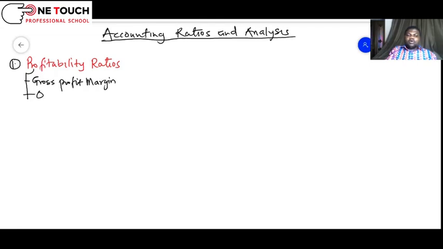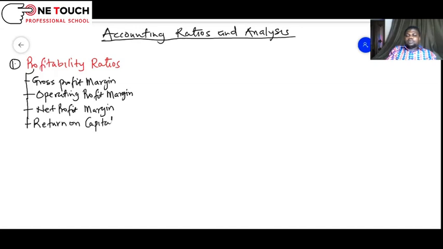Then we have the operating profit margin. Then we have the net profit margin. And the ROCE, return on capital employed. So these are the ratios under profitability.